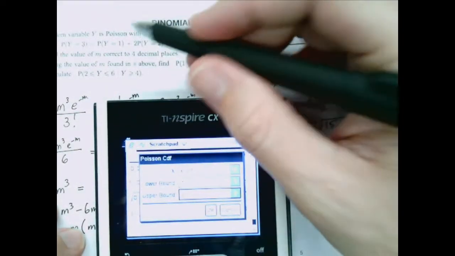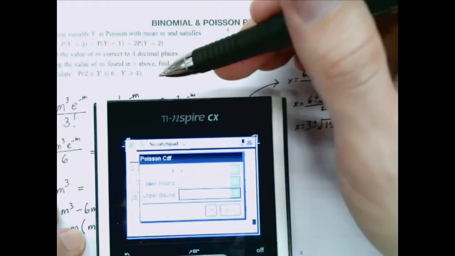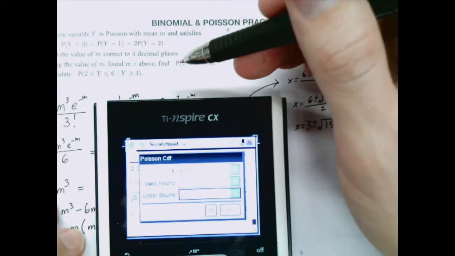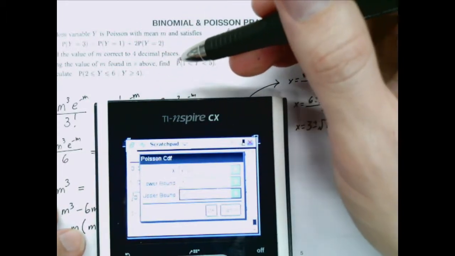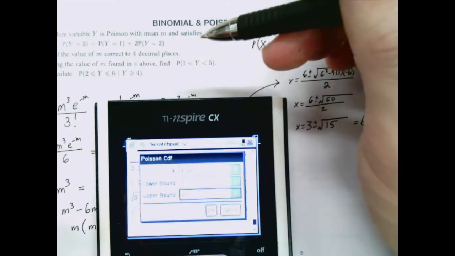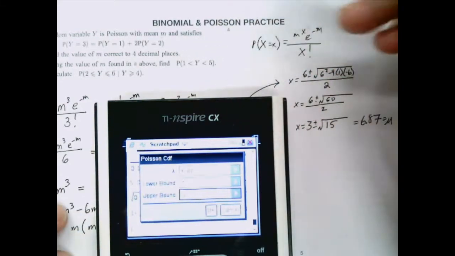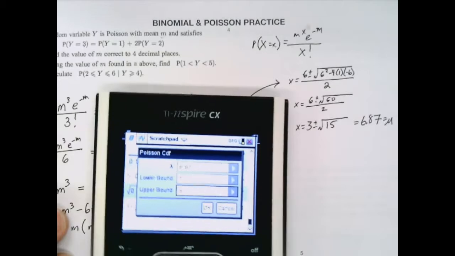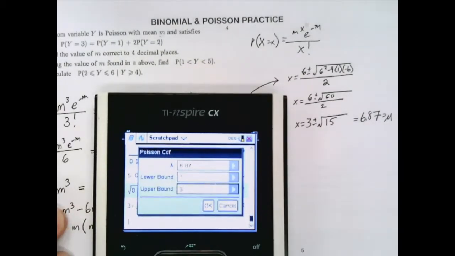Now I want to make sure that y is between 1 and 5. Remember, Poisson is a discrete situation. It's not continuous. Because Poisson is discrete, I need to make sure that I don't include 1 or 5. So I'm going to change this to a 2. If you don't like that, you can make this 1.0001 and this 4.9999 to make sure you don't include the 5.